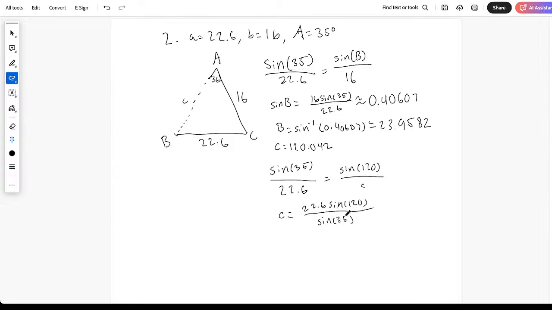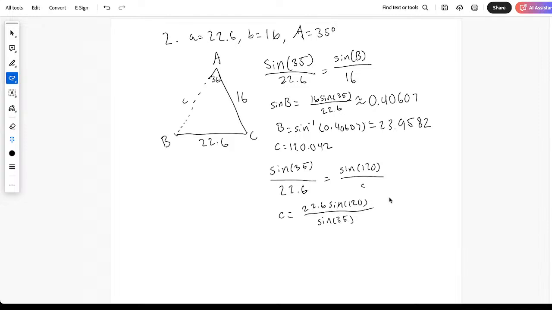Okay, great. Now I can plug this into the calculator. So 22.6 times sine of 120 over sine of 30.